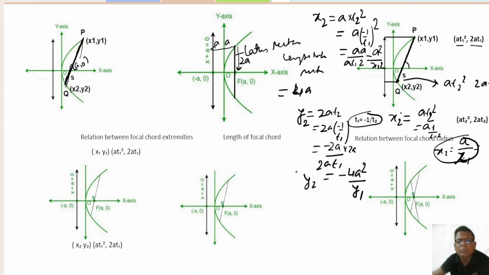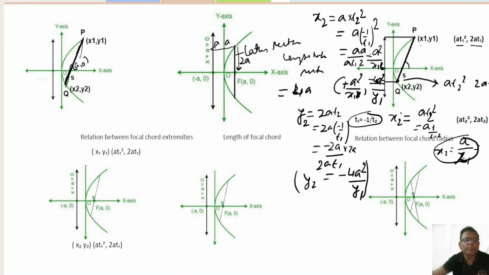So this coordinate is nothing but a square by x1 comma minus 4a square by y1.